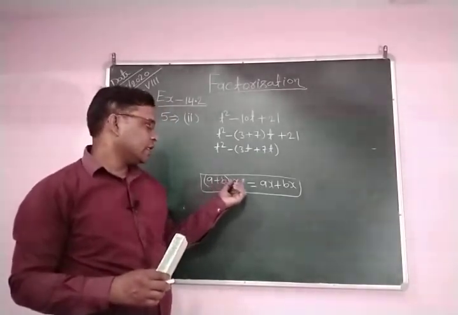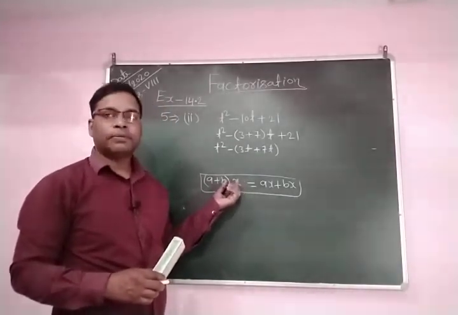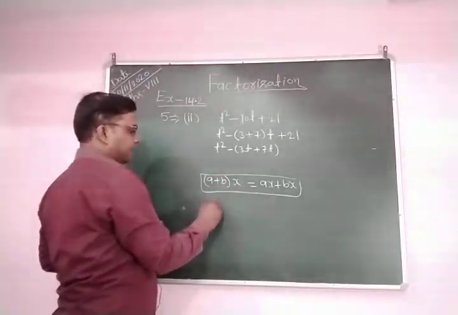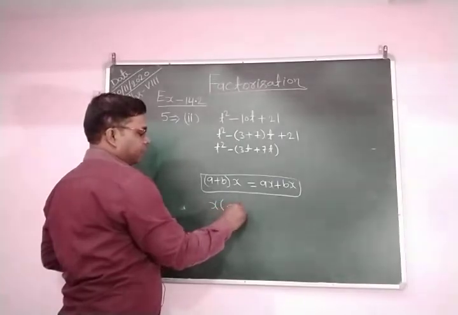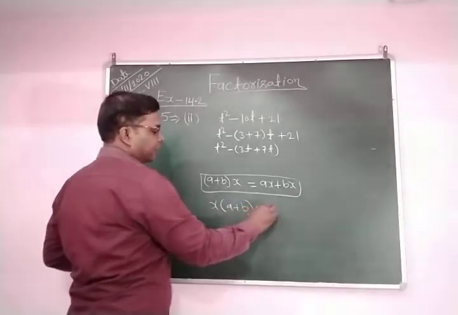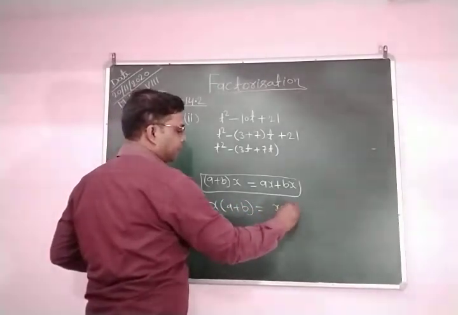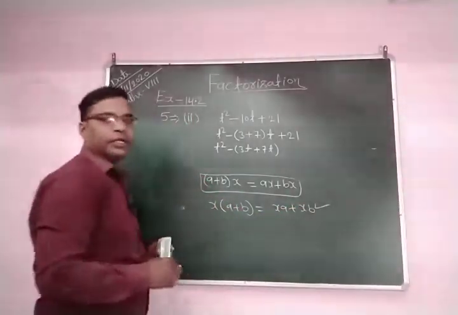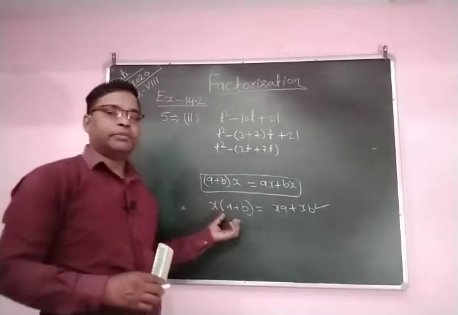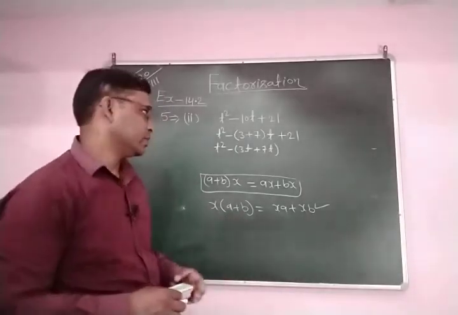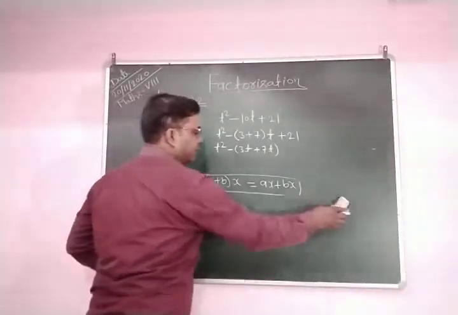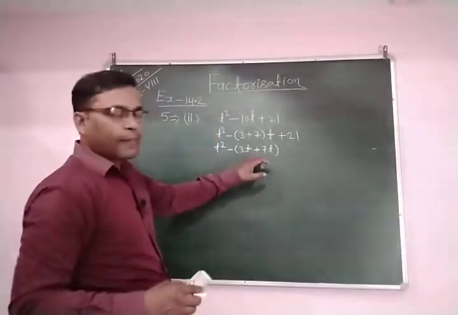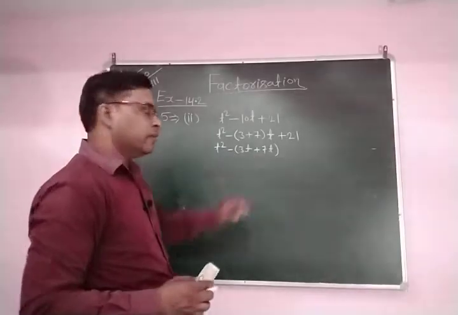Especially you can say the right distributive law of multiplication over additions, and the term x into a plus b is equal to xa plus xb. This is called the left distributive law of multiplication over additions. Okay, so this is a right distributive law of multiplication over addition.